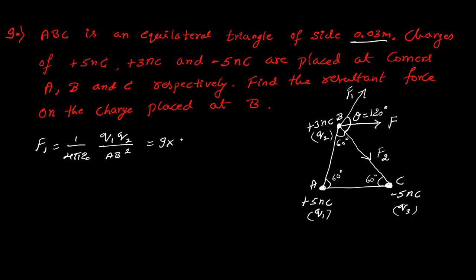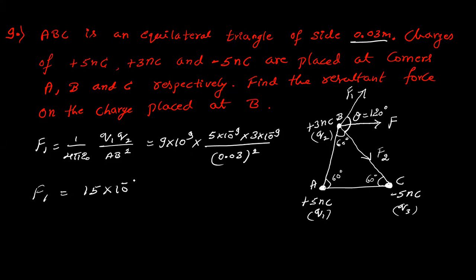It is 9 into 10 power 9, Q1 value 5 nanocoulomb, Q2 value 3 nanocoulomb, divided by AB square, the side, 0.03 whole square. Solving this, we get 15 into 10 power minus 5 Newton. So this is F1.